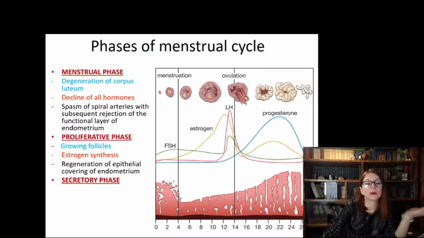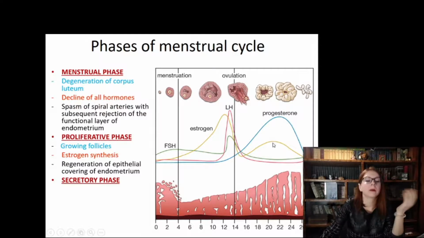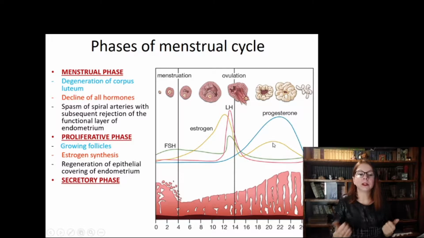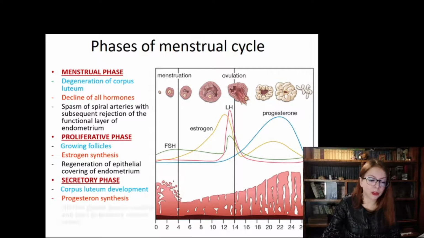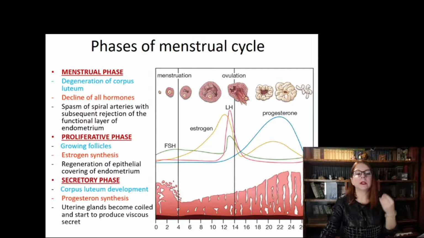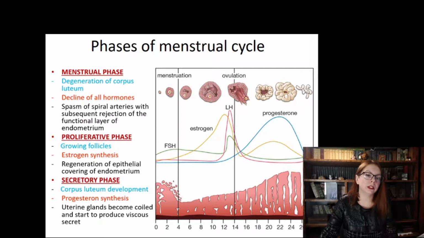And yellow body starts to produce predominantly progesterone. So proliferative phase is also called estrogen phase, and secretory phase sometimes is called progesterone phase, because this is the phase of the yellow body and the phase of progesterone. And it is very easy to remember, because in the secretory phase, yellow body appears, and by producing progesterone, it prepares uterus for implantation.